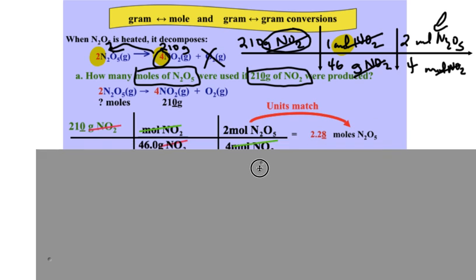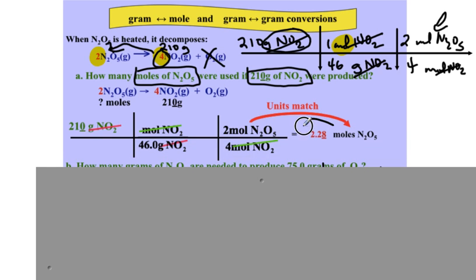Now I have moles of N2O5 in the upper part of the grid, so what do I do? Cancel, cancel, cancel, cancel. They have to match. Multiply across, divide by the 2, and ultimately you get the answer. If you pop it in your calculator, you get 2.28 moles of N2O5. So I have 210 grams of NO2 up here, grams, moles, moles, multiply, and then you get your answer.